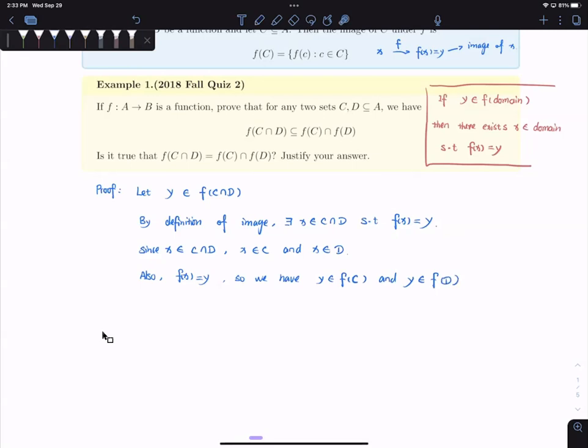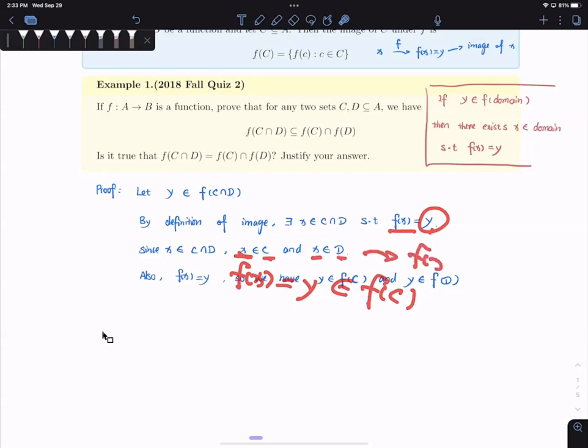Now what does this tell us? Repeat, okay. f of x is y. So we have x is in C. That means f of x, which is your y, is in f of C. Similarly, x is in D, which means f of x is in f of D. f of x is y, so y is in f of D. Does that make sense?